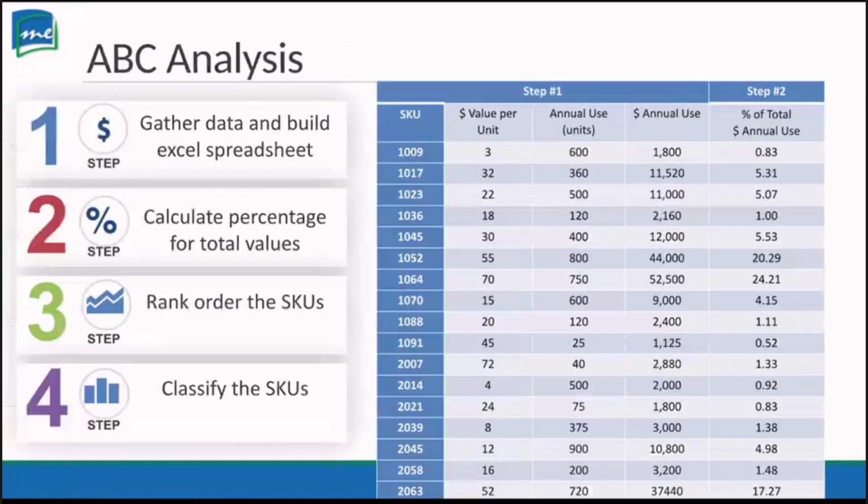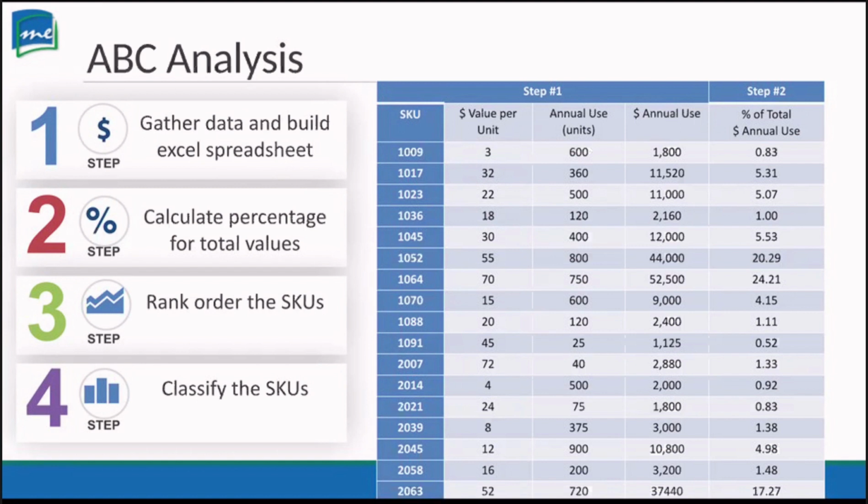So let's take a look at the general steps of applying ABC analysis. The first step is to get the data and build an Excel spreadsheet. You don't have to build an Excel spreadsheet. You can write down all the data on paper and calculate it manually. But the Excel spreadsheet can help you compute everything quickly.